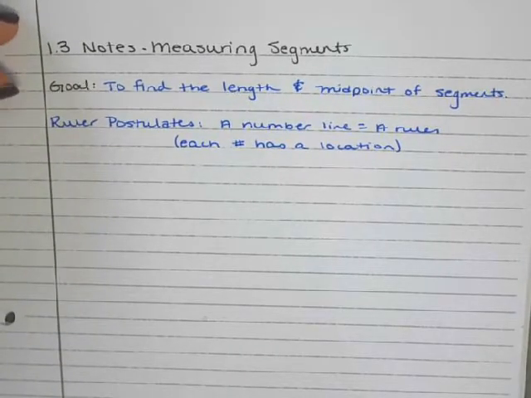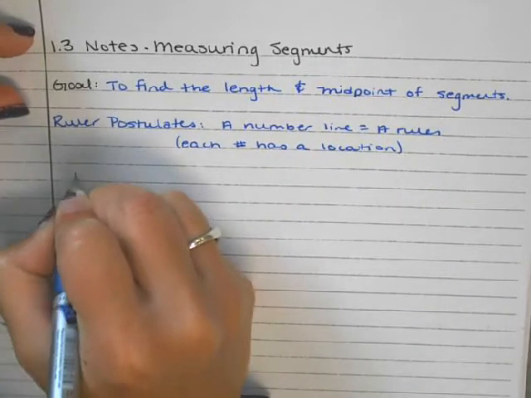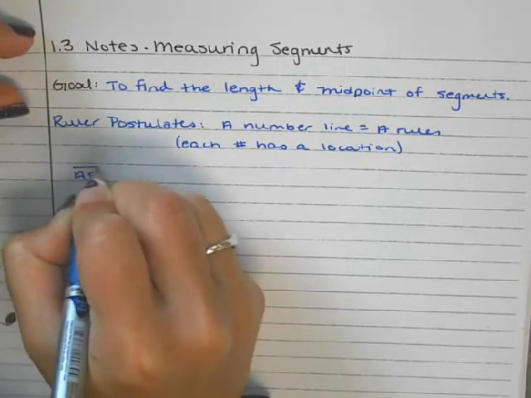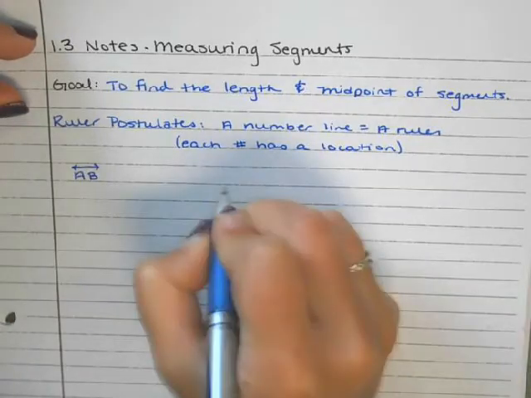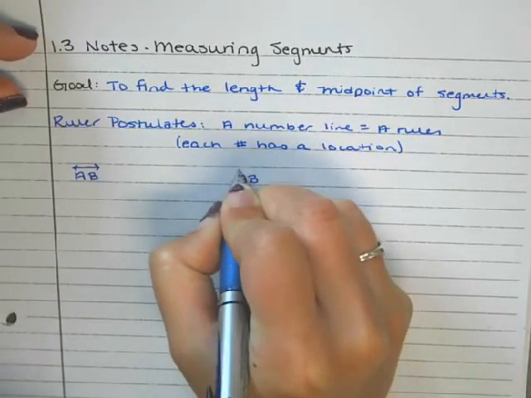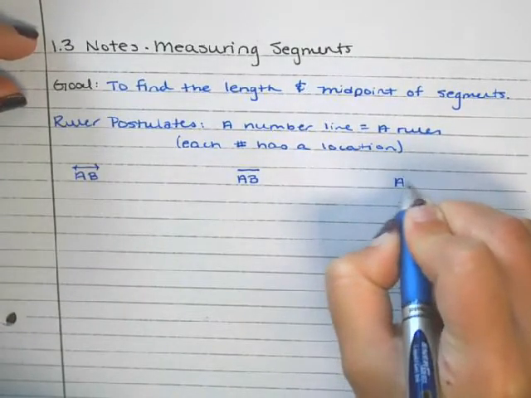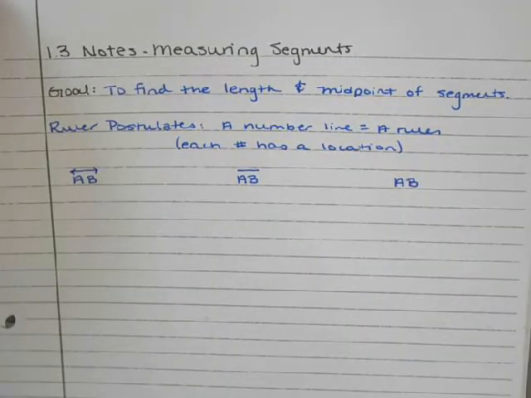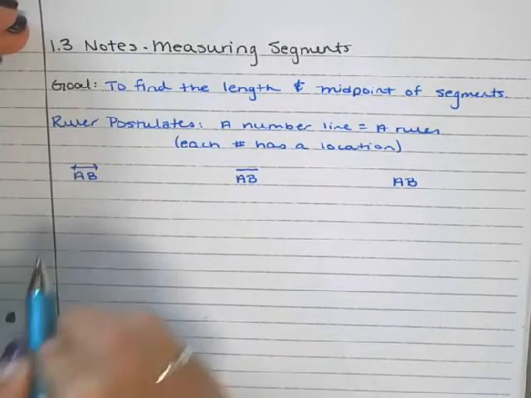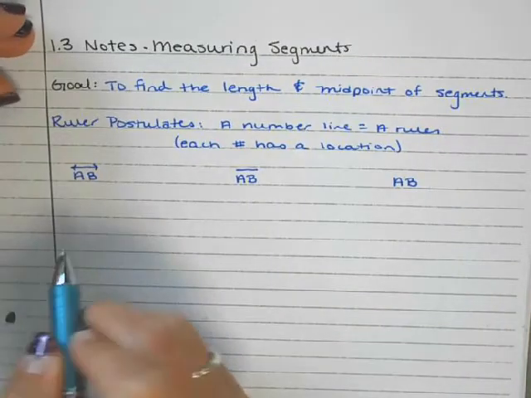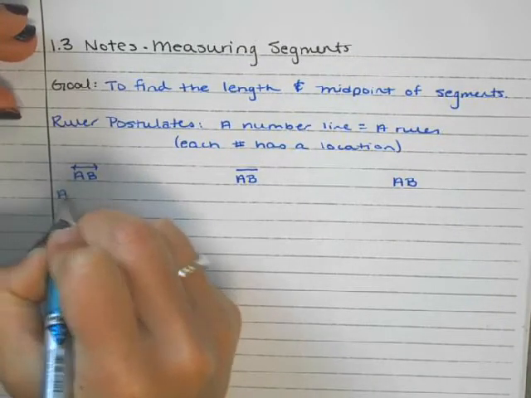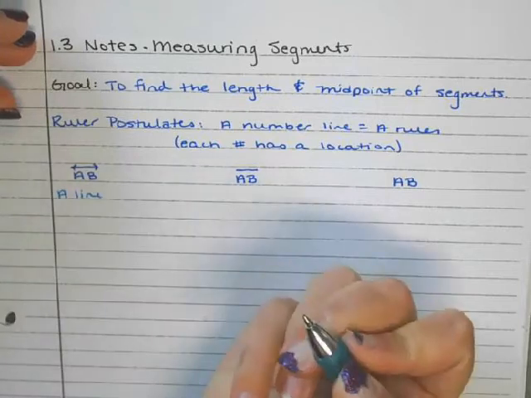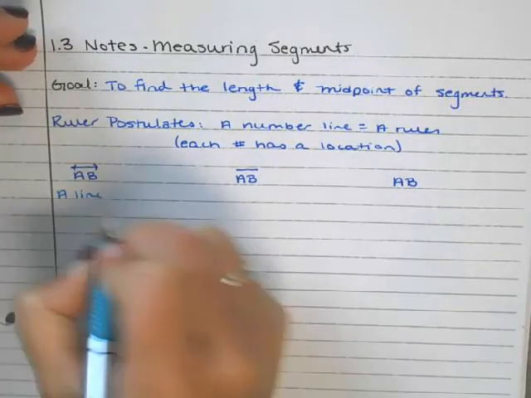Okay. Now, a recap on the difference between AB, and the new one, AB. This first one that has the arrows going both directions is a line that continues forever in both directions.